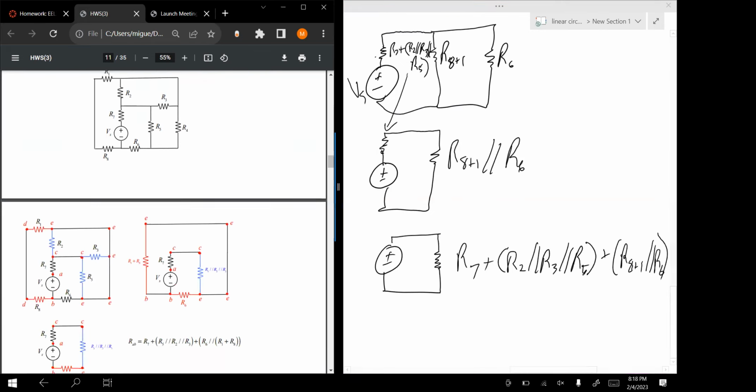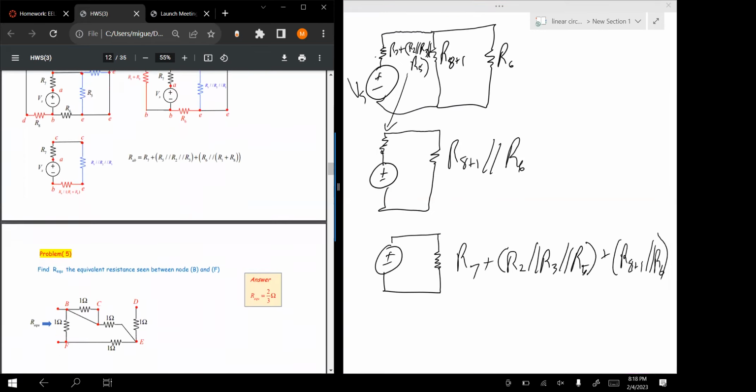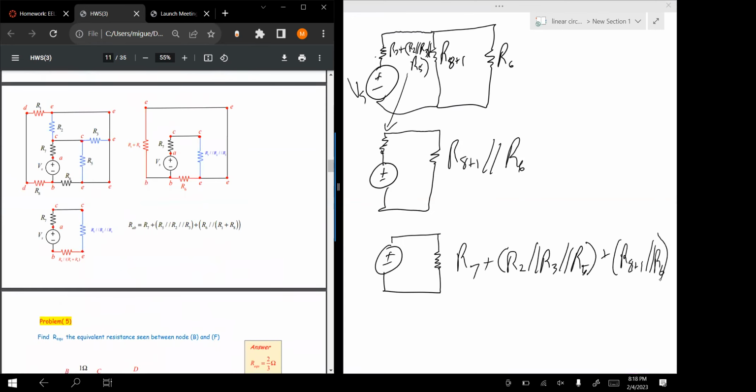And that's my equivalent resistance. Oh, R7, R5, R2, R3 plus R6 and R1. And hey, look at that. Hey, nice. We did it. Okay.